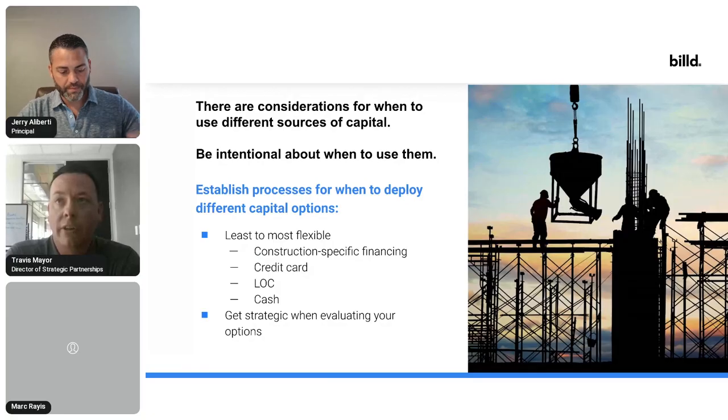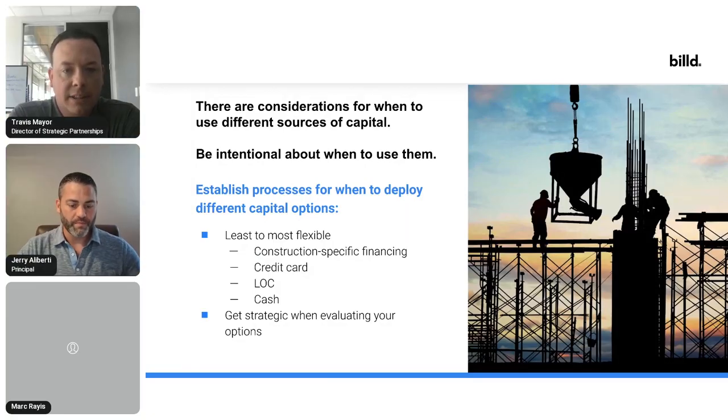Yeah, so expanding on our last slide, right? So the considerations for when to use those other sources of capital outside of cash. So first and foremost, being intentional about when to use them. Financing should have an ROI to the business. And cash has an ROI, a carrying cost with it if you're using your own cash to fund jobs.